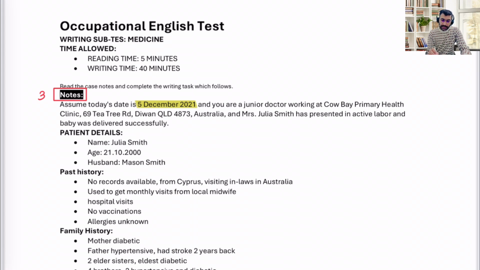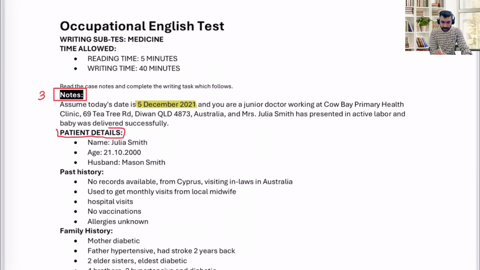So assume today's date is 5 December. You are a junior doctor working at Cow Bay Primary Health Clinic, 69 Tea Tree Road, Diwan QLD 4873 Australia, and Mrs. Julia has presented in active labor and the baby was delivered successfully. Then patient details.